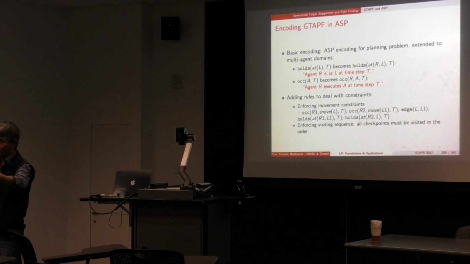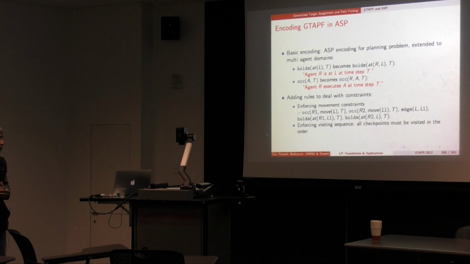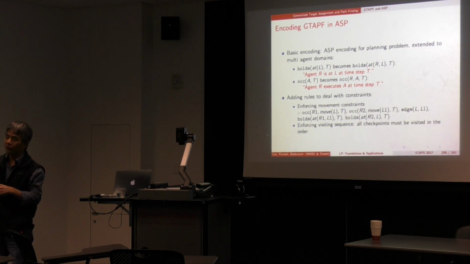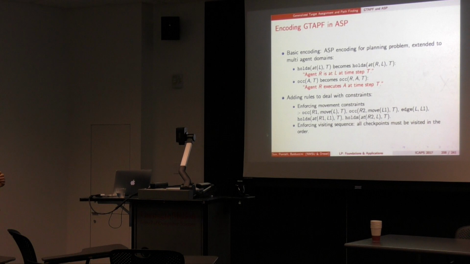We can easily add that, as I have shown you in planning with preferences. Now, the interesting part is that if we just put this into the ASP solver, we will not be able to solve it because the number of robots and the map are large. We will not be able to solve even very simple problems.